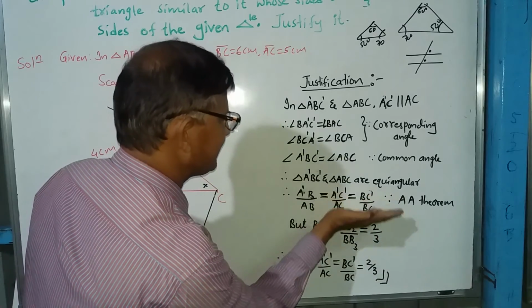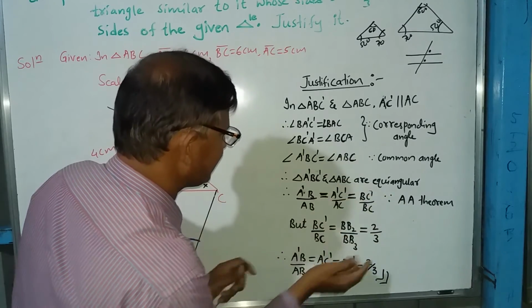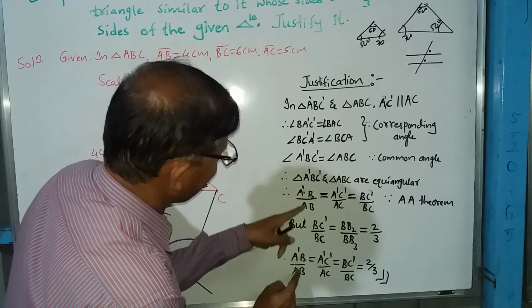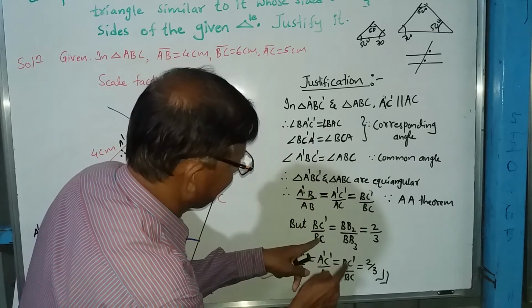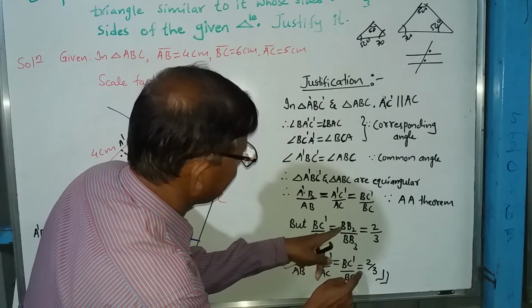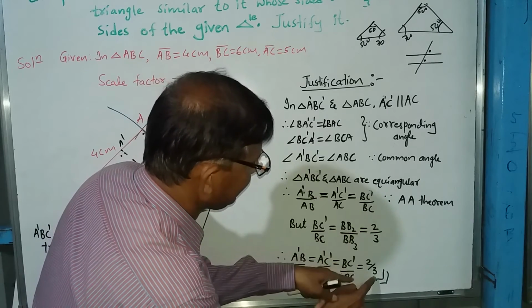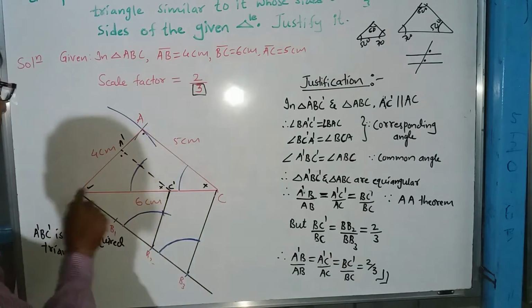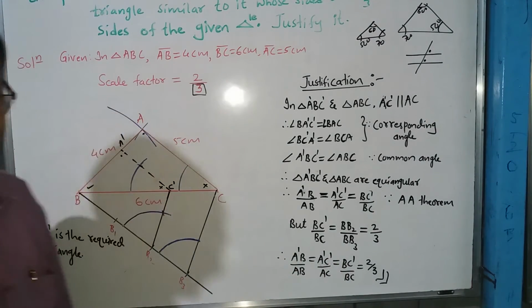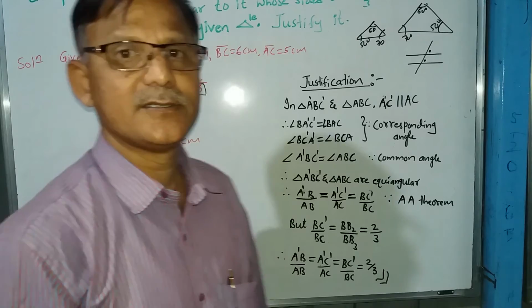From this equation and this equation, from both of these, BC' upon BC is equal to 2/3. So this is the ratio of both these triangles.